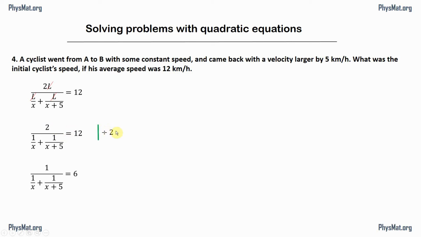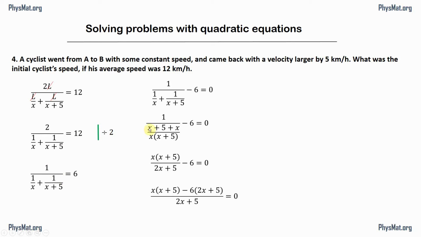Again, we need to simplify it as much as possible. Since both the left and right parts of the equation are even, we divide by 2, we get this equation, and then we transfer 6 to the left hand side of the equation, so there is 0 on the right. It's always good practice when solving equations.